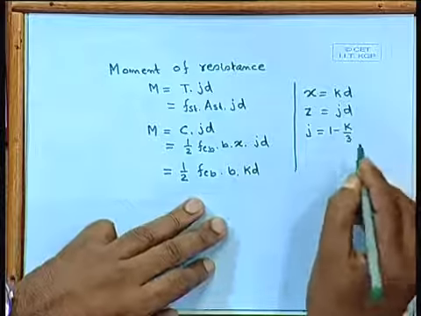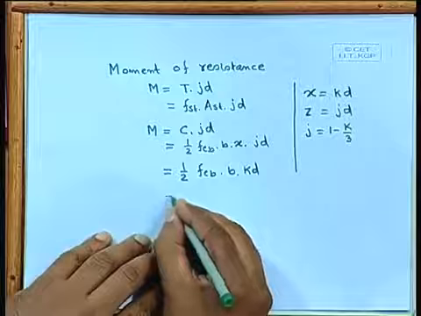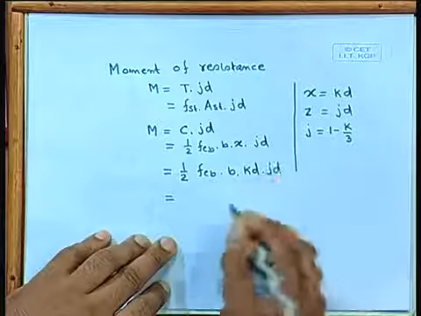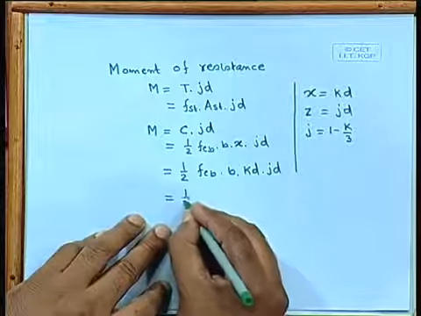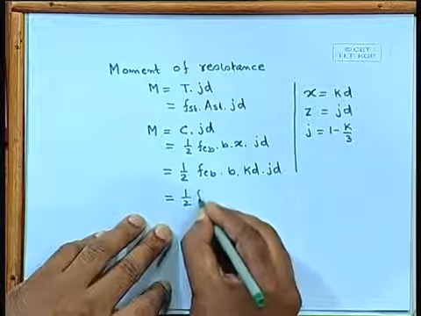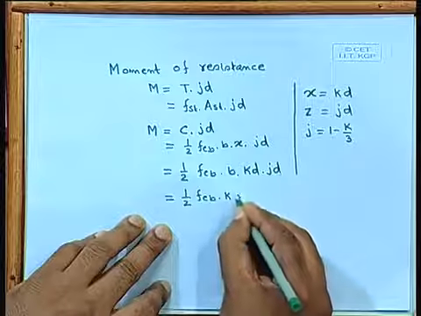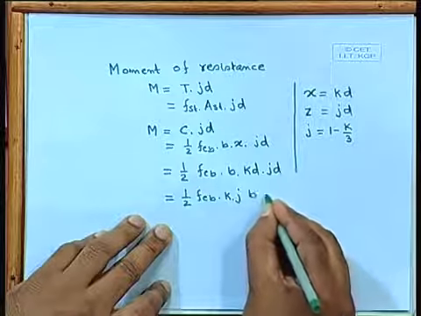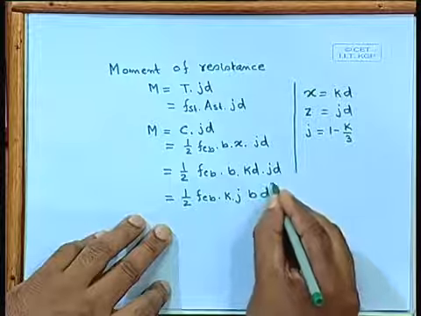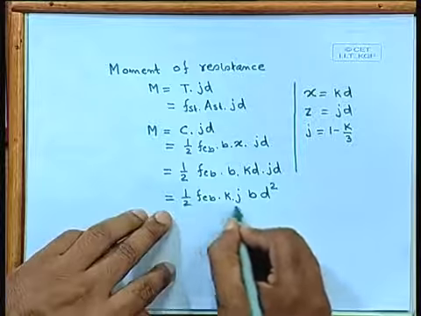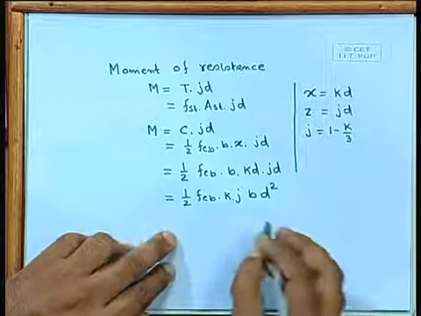Already we have done it, times jd. So we can write half fc b k j b d square.